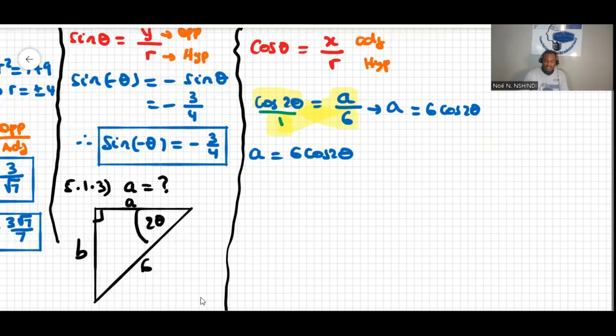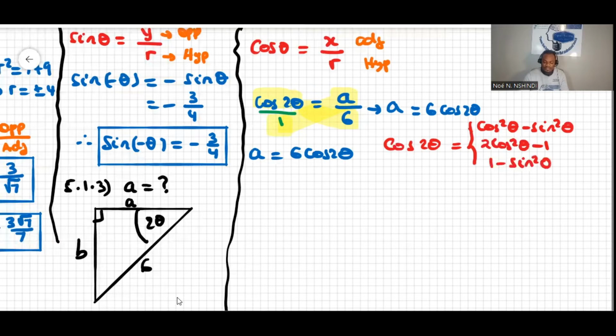Now, how can I proceed? We know one of the three formulas for cos, because cos 2 theta is a double angle: cos of 2 theta is equivalent to cos squared theta minus sin squared theta, or 2 cos squared theta minus 1, or 1 minus 2 sin squared theta. We can select any of these formulas derived from the double angle.